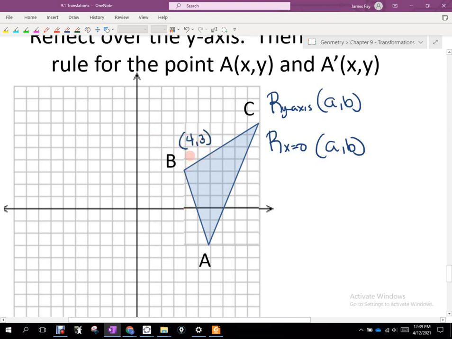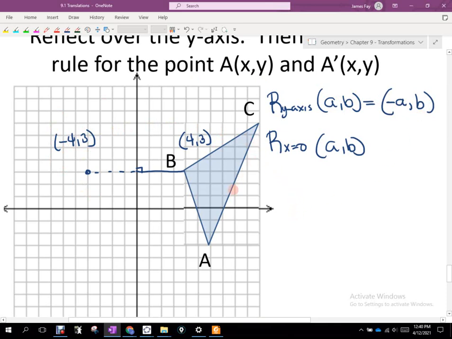If I'm going to reflect it across the y-axis, what's going to change? The x value is going to change. What's the x value going to change to? The opposite. So that distance right there needs to be replicated over here, right? So if I go from 0 to get to that point, I've got to go left 4 and up 3. So this goes to (-4, 3). So if I start with (a, b), it's going to turn into (-a, b).